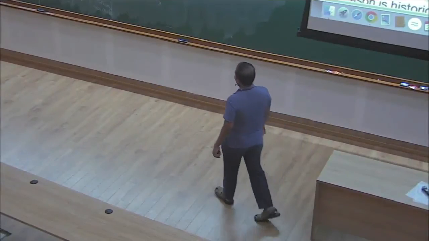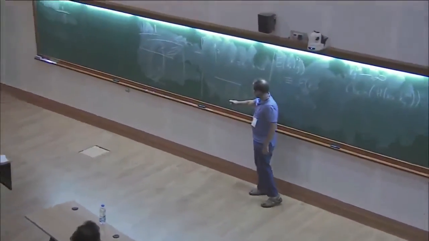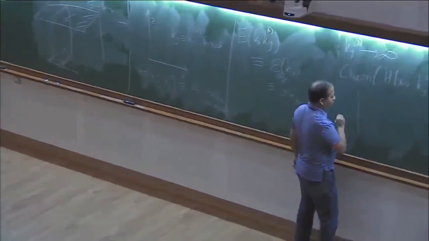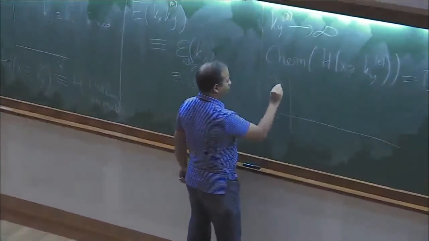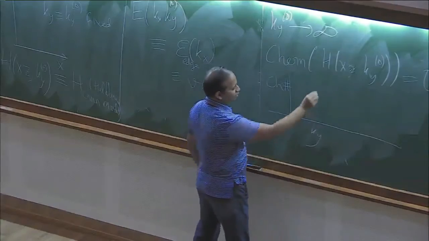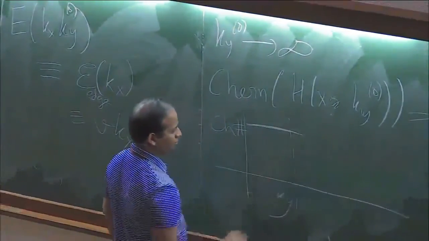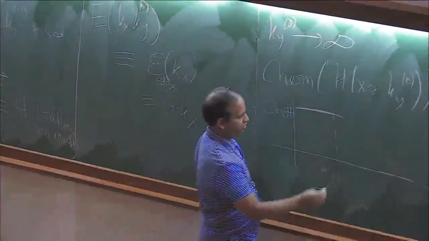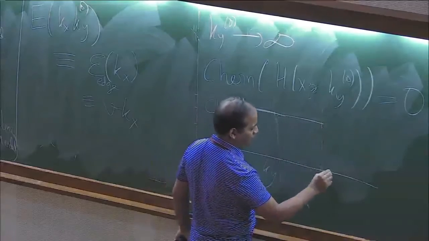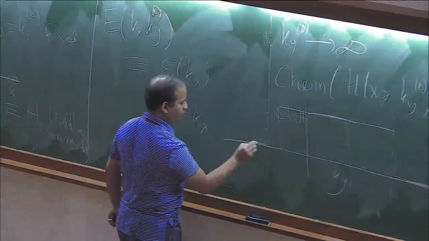Right? So now I have a weird situation. I'm demanding that at some ky0 I have a non-zero Chern number. So if I look at the Chern number as a function of ky, at some ky0 this Chern number is 1. But beyond some momentum, it should be 0. And on the other side, it should be 0 as well.